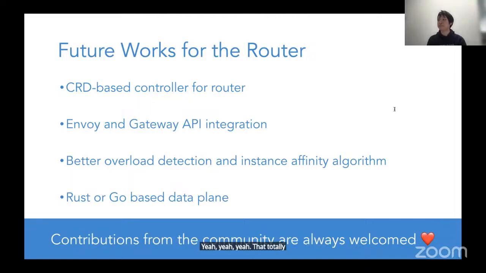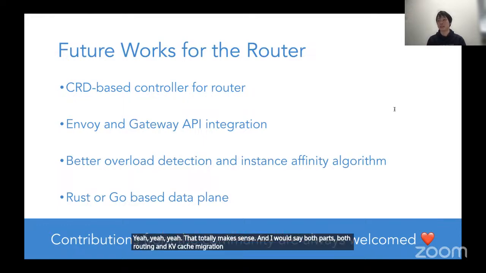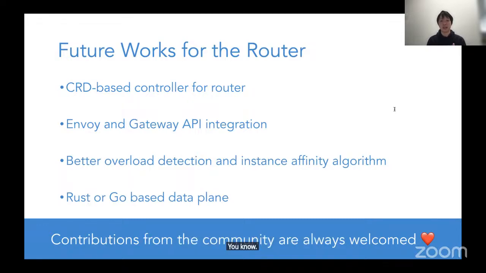And I would say both parts, routing and KV cache migration, are important, because if there is no KV cache delivery and we are using vanilla vLLM, we still need this router to provide better functionality to improve the KV cache hit rate and reduce the cost and latency.